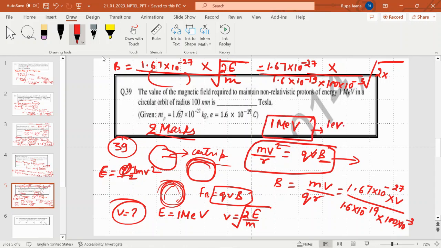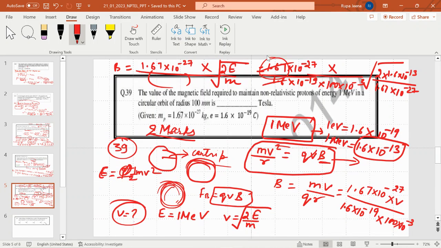So 1 eV is equals to 1.6 into 10 raised to the power minus 19. So 1 MeV is equals to 1.6 into 10 raised to the power minus 13, right? 1.6 into 10 raised to the power minus 13 upon m is 1.67 into 10 raised to the power minus 27.